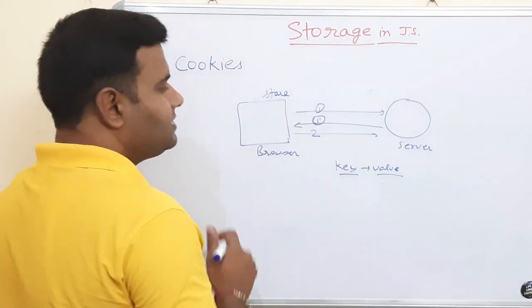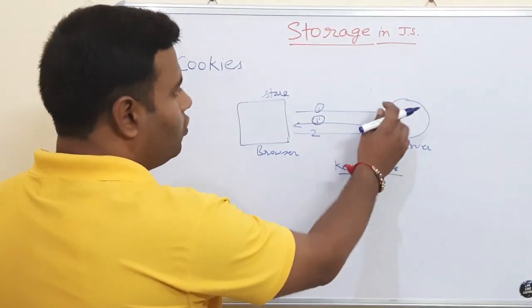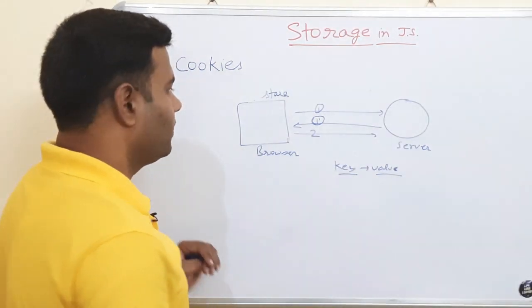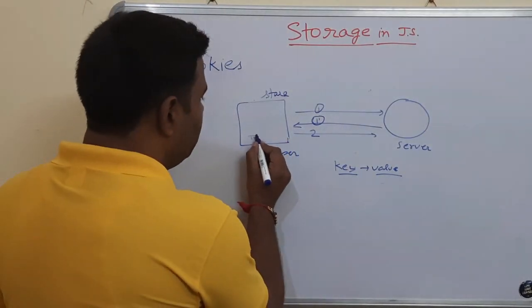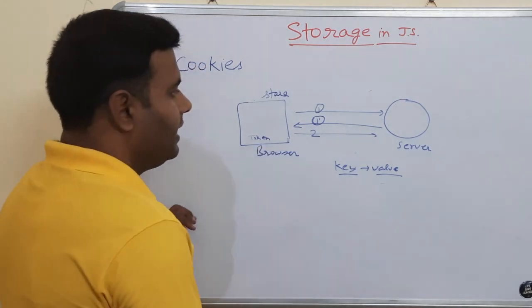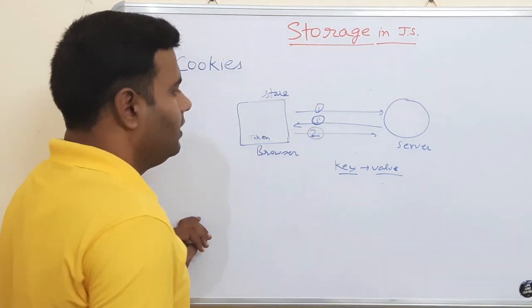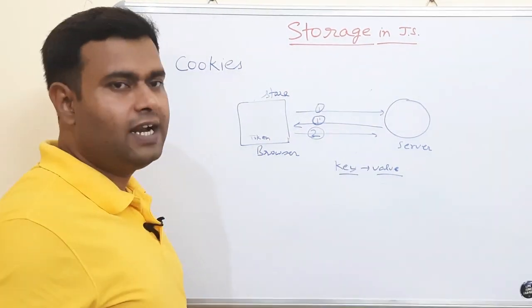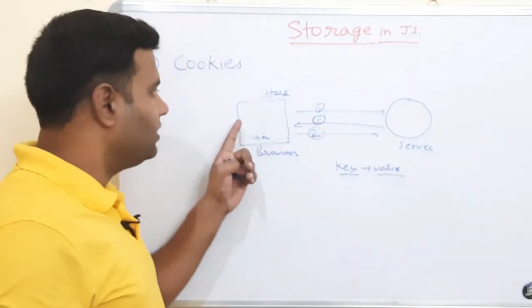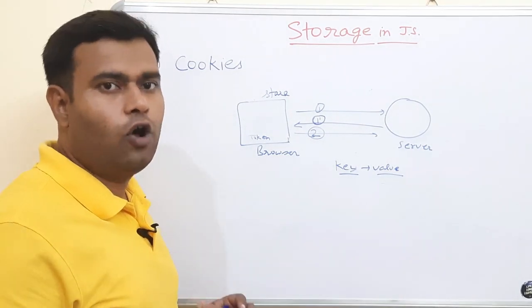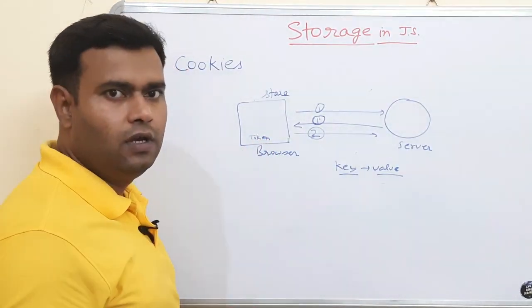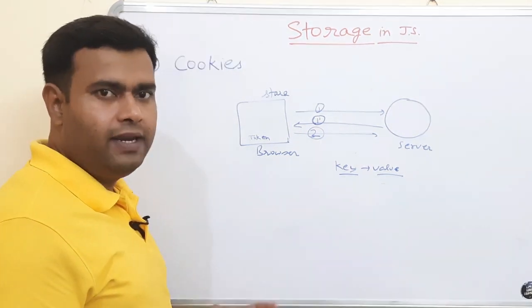In the first request, let's say you have logged in. So the server has given some authentication detail, some token. Now this token is stored in cookies. In the second request, this token has to be sent to the server, so that the server understands that the particular client is already logged in, and this token can be valid for 1 day, for 5 minutes, whatever.